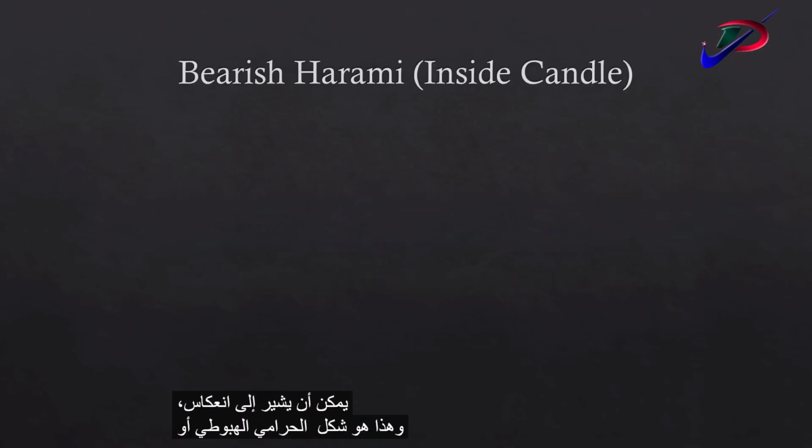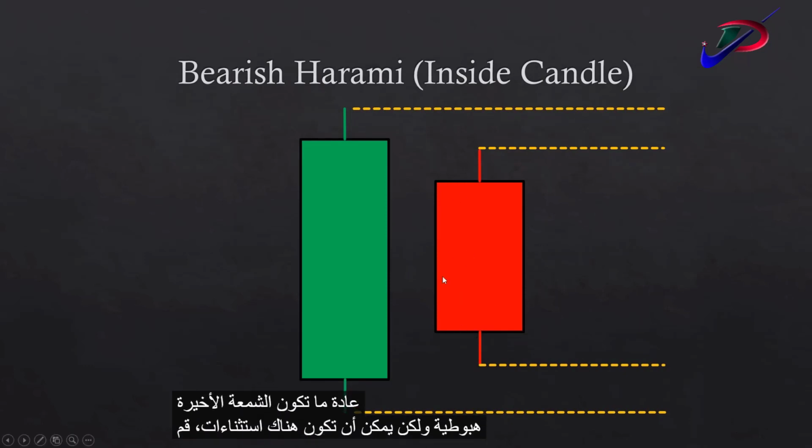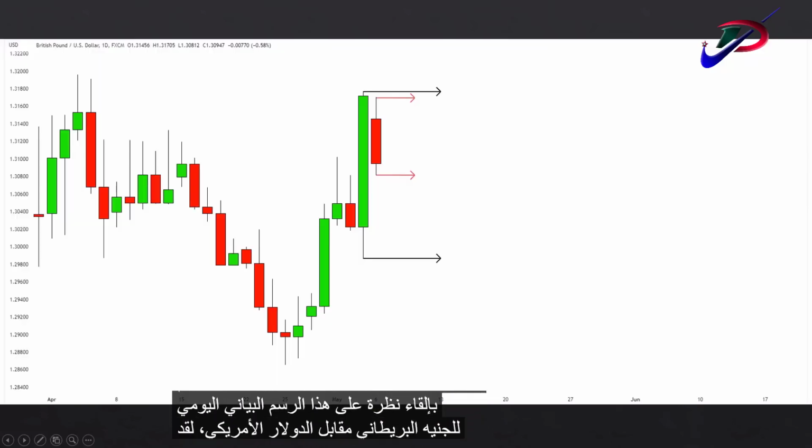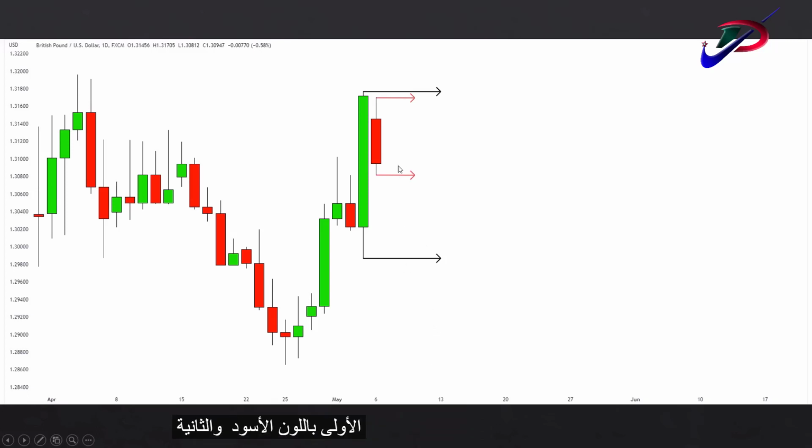This is the shape of a bearish harami or a bearish inside candle. The most recent candlestick will usually be bearish, but there can be exceptions. Take a look at this daily chart of the British pound versus the US dollar. I have marked the range of the last two candles, the first one in black and the second one in red.